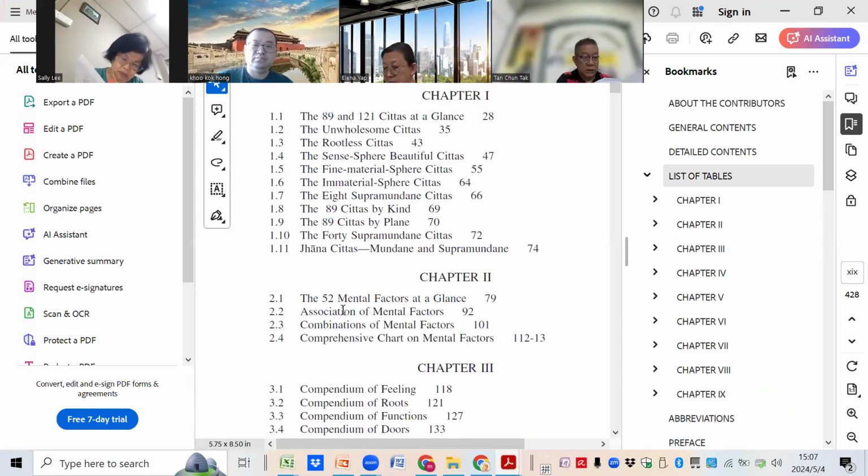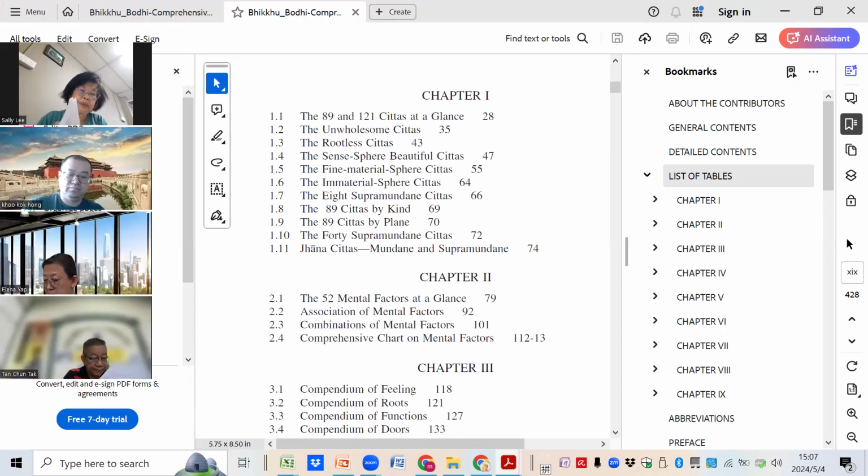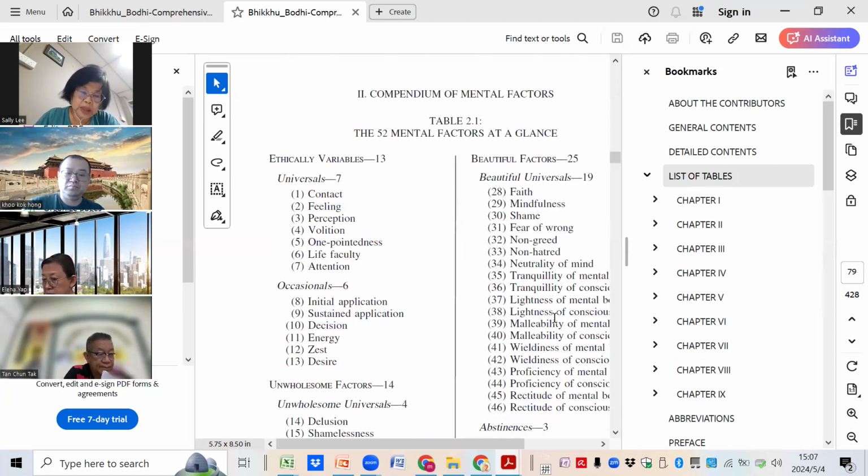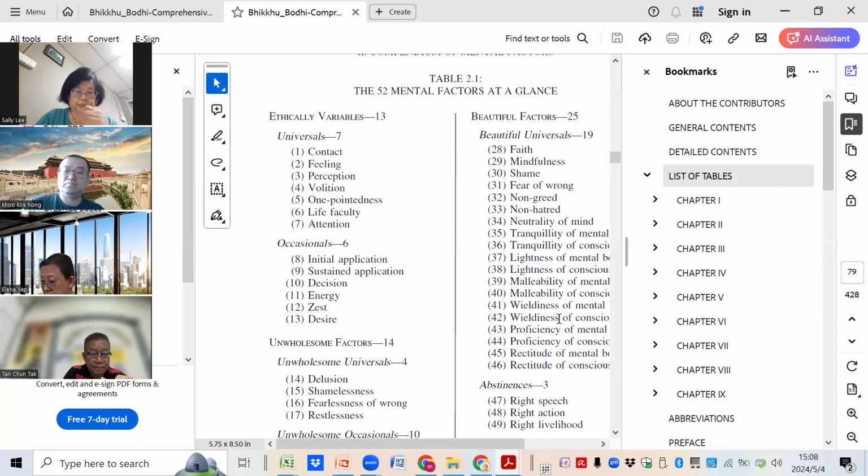The 52 mental factors at a glance, on page 79. Please go to page 79. Okay, so class, do you get it? Table 2.1. Is it the same page number? Okay, class, you get page 79.